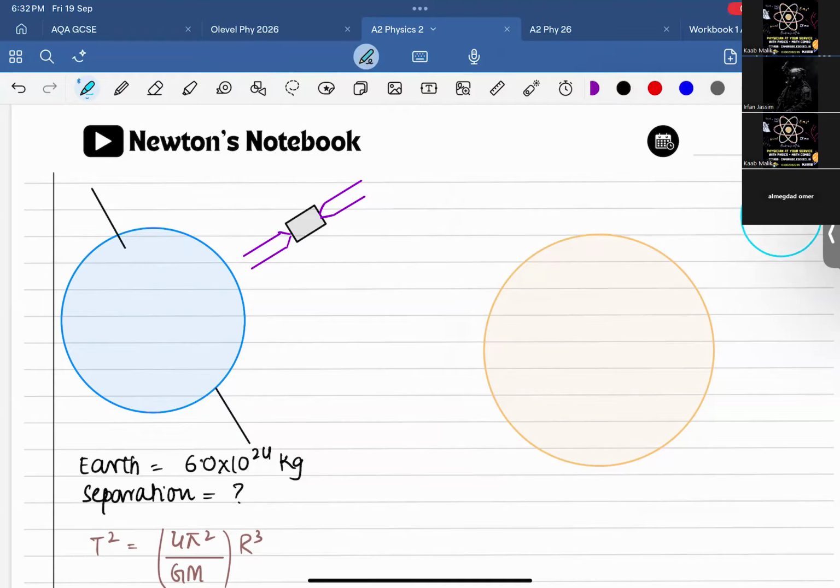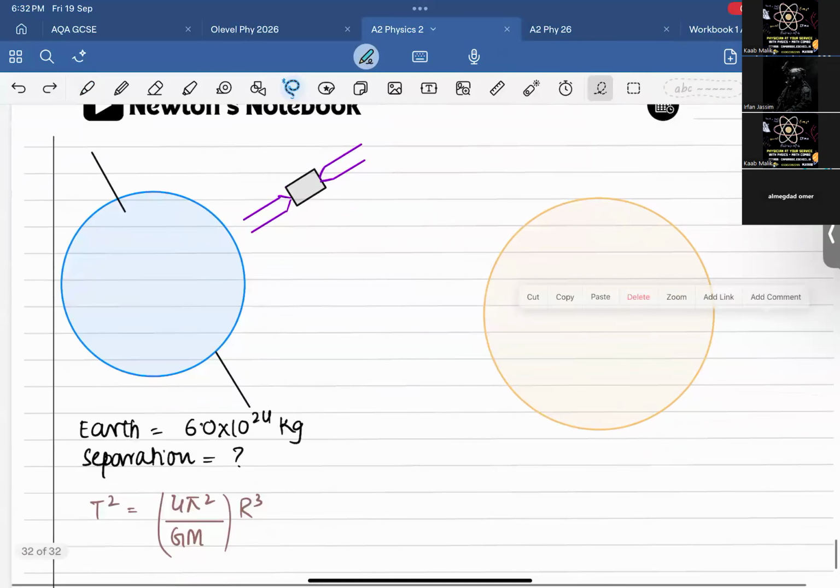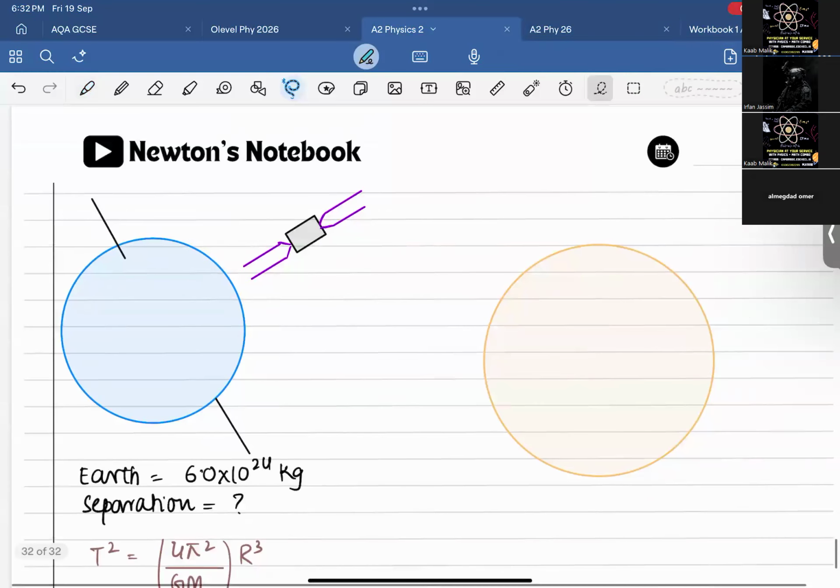For this one, I got the answer 4.23 into 10 to the power 7. That's what you are getting too? Same answer. Okay, fine.